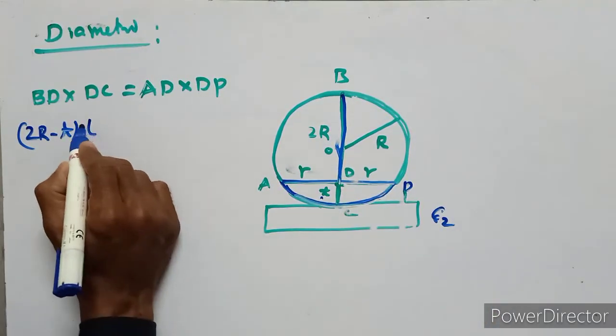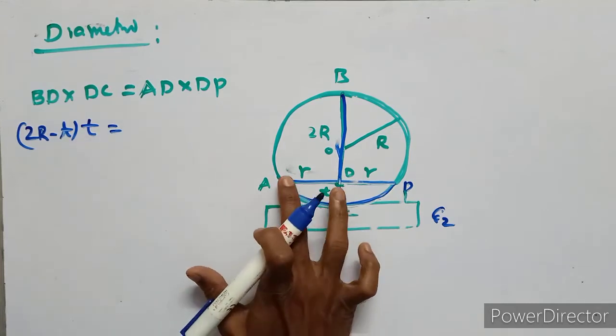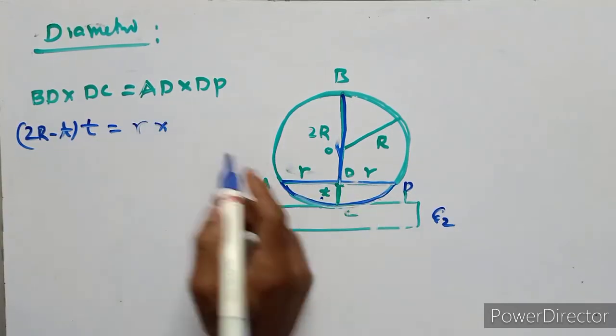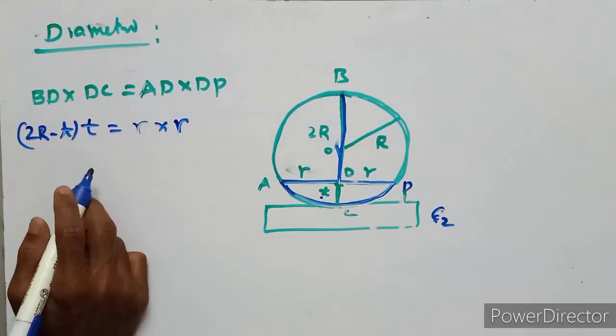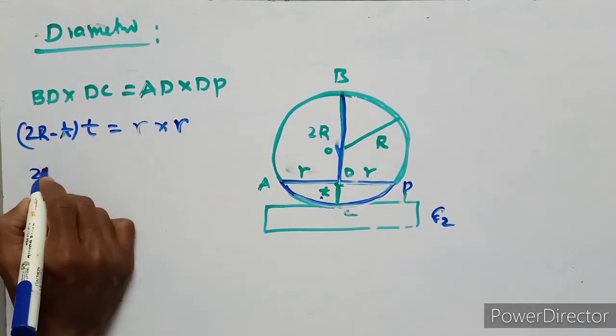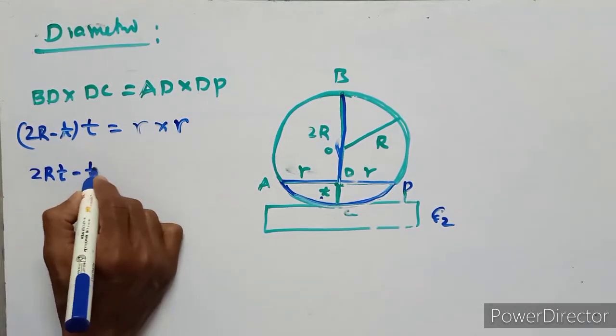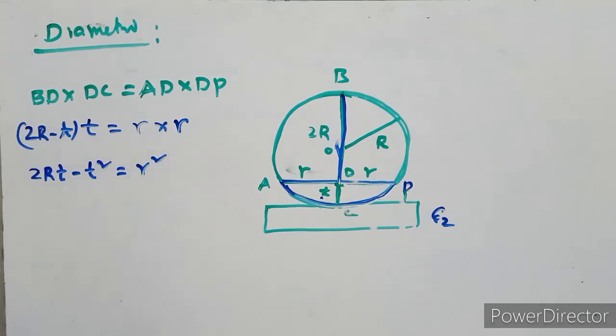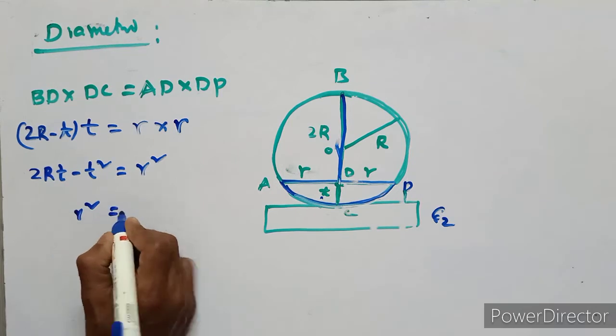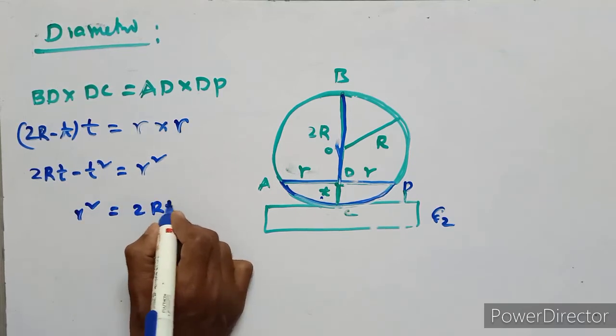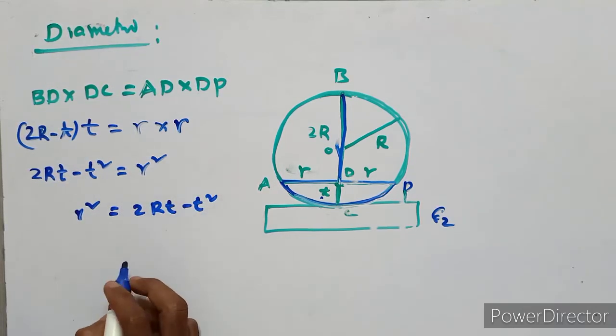DC is T. What is AD? AD is equal to R, and DP is equal to R. So the total is 2R T minus T square is equal to R square. Then R square is equal to 2RT minus T square.